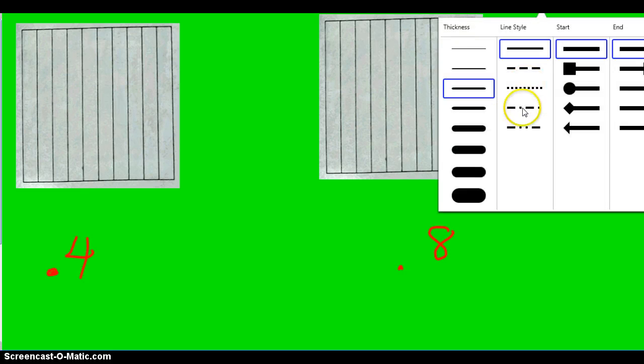I hope this was an easy one for you. If you think about the model here, and we want to show these amounts visually. So if I did 4 tenths, that would be 1, 2, 3, 4 tenths. Of course, over here, we have 8 tenths.